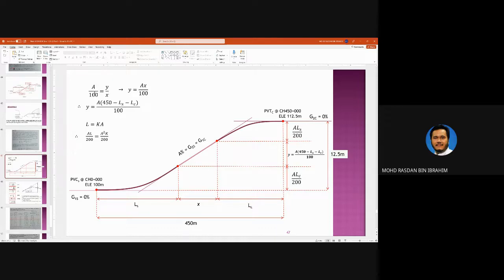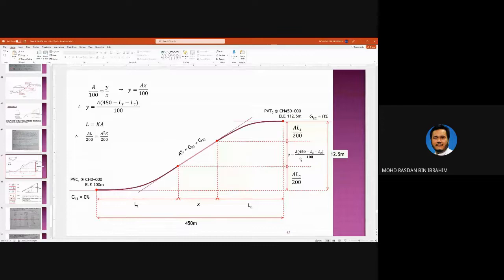Rearranging these terms, you get y equals A x over 100. A is here, 100 is here, and x is 450 minus L S minus L C, because the distance between this point and this point is 450 meters. Here is the L C and here is L S. The space here is x. So x equals 450 meters minus this minus this. So you get y.